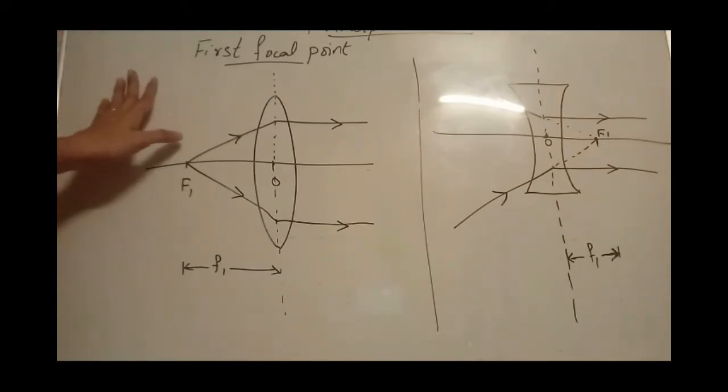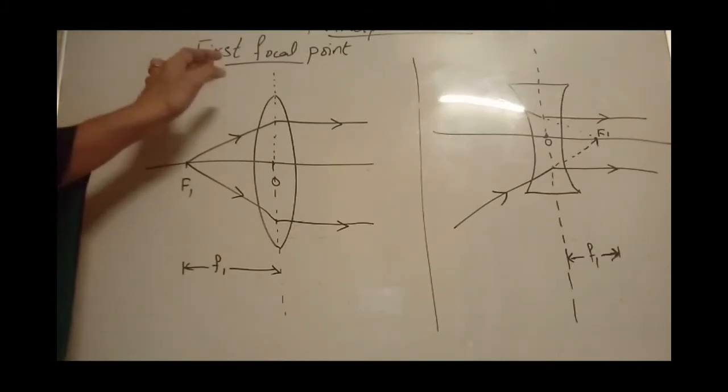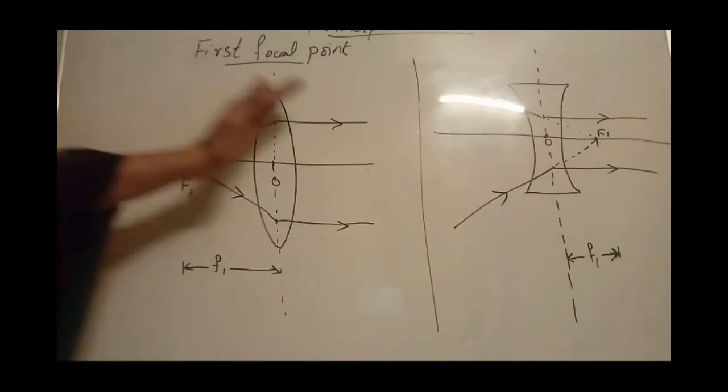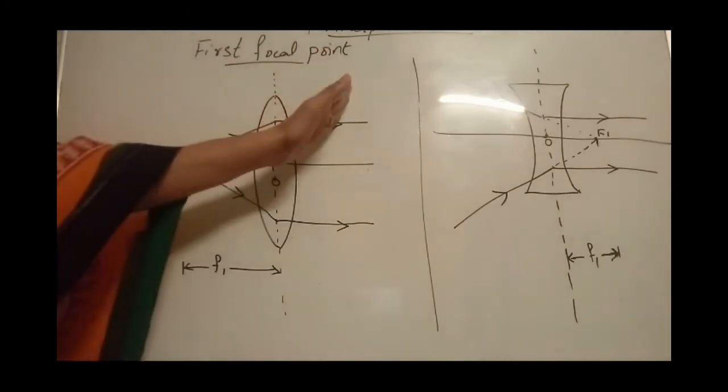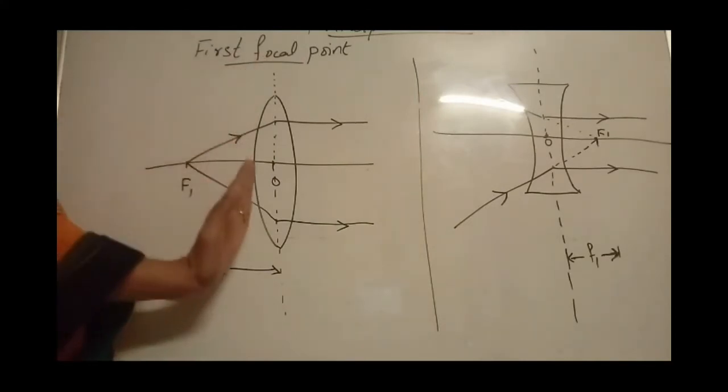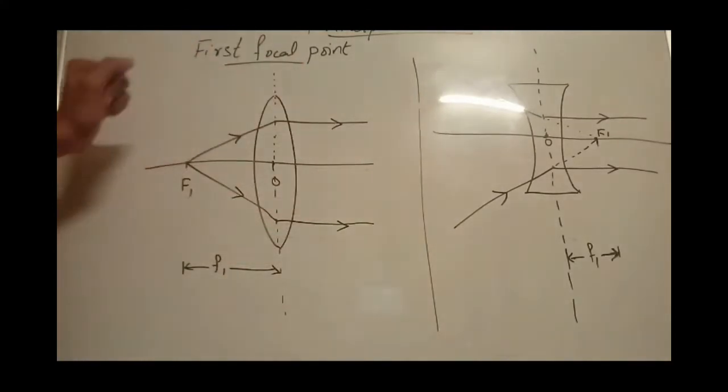In the first case, we are going to define the first focal point. It can be seen that rays are coming from a certain point from left to right, so this is left and this is right. This is the section of the first surface, and this is the section of the second surface.